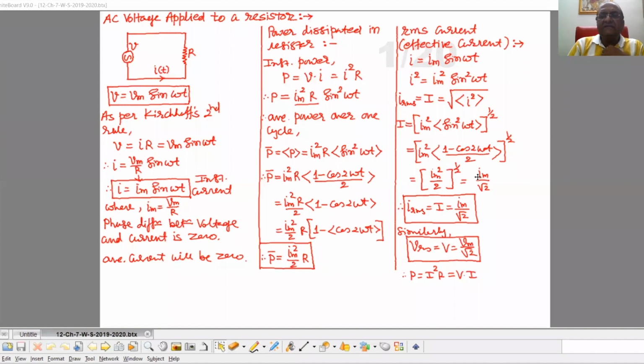The main supply is AC supply voltage, and this AC supply voltage is used widely because it is convenient to increase or decrease the voltage with the help of a transformer in case of AC voltage, as well as it is easy to transmit from one place to another, and it is also economical to transmit AC voltage.